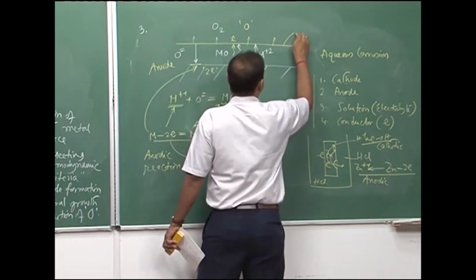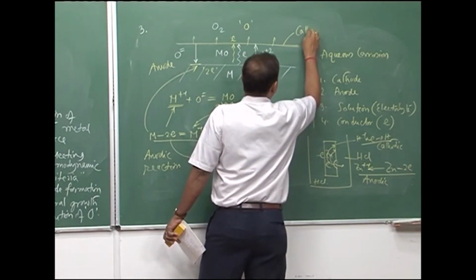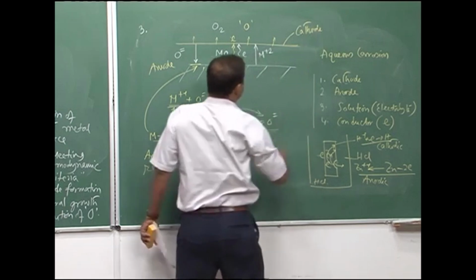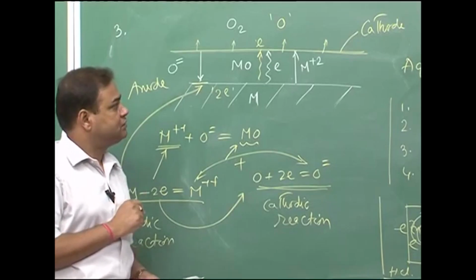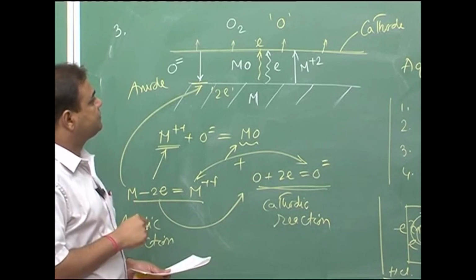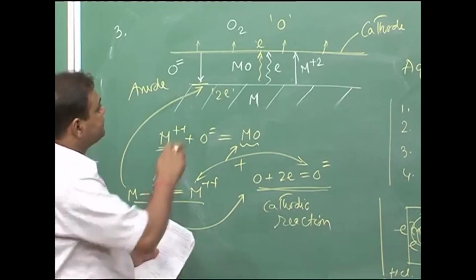So, this interface is basically nothing but the cathode. Wherever the cathodic reaction occurs, that surface is considered to be the cathode. So, this is my cathode.